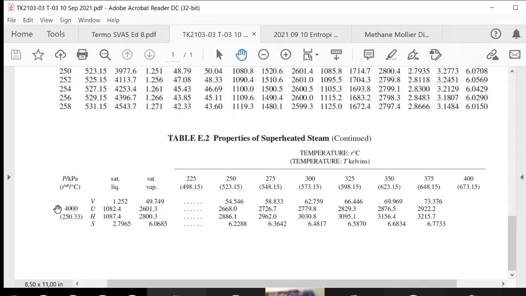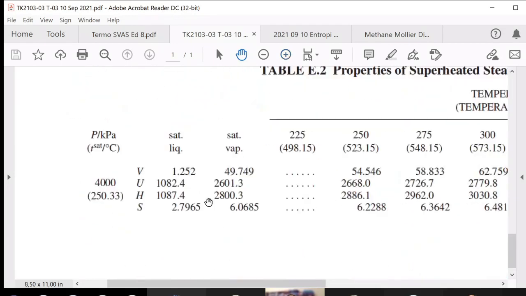Remember that minus 100 Celsius in the methane, in the water, if this is 4,000 kilopascal, let me make it bigger. If I have 4,000 kilopascal pressure, then the temperature, the horizontal line, is 250 Celsius. That's what we call saturated temperature.